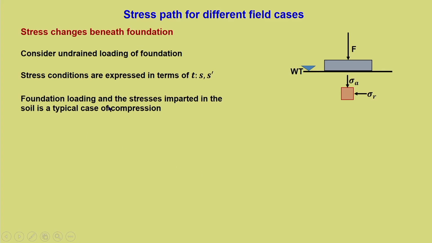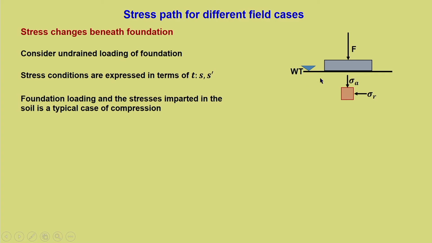Foundation loading and the stresses imparted in the soil is a typical case of compression, and we have seen very specific stress paths in our previous lectures where we discussed compression, extension and the different manners in which compression and extension can be created. So, here the foundation loading that is acting is a typical case of compression.